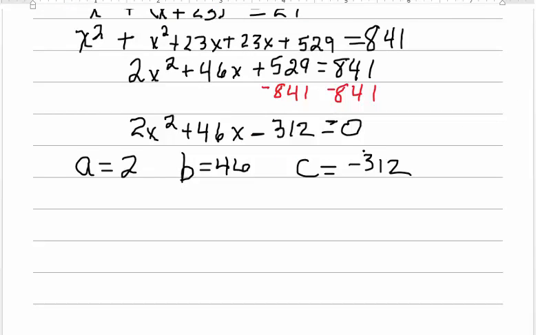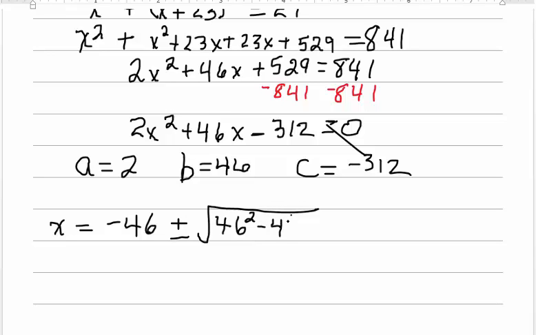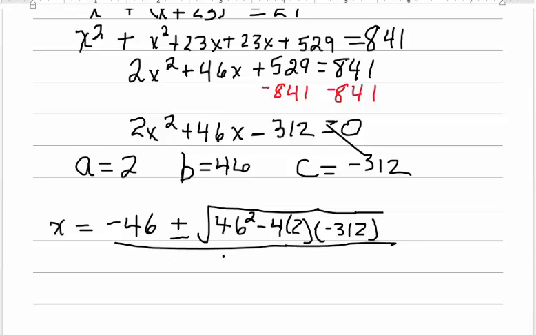So x, the variable of the equation, will equal minus b, which is 46, plus or minus the square root of 46 squared minus 4 times 2 times negative 312, and all of this is divided by 2 times 2, 2a.